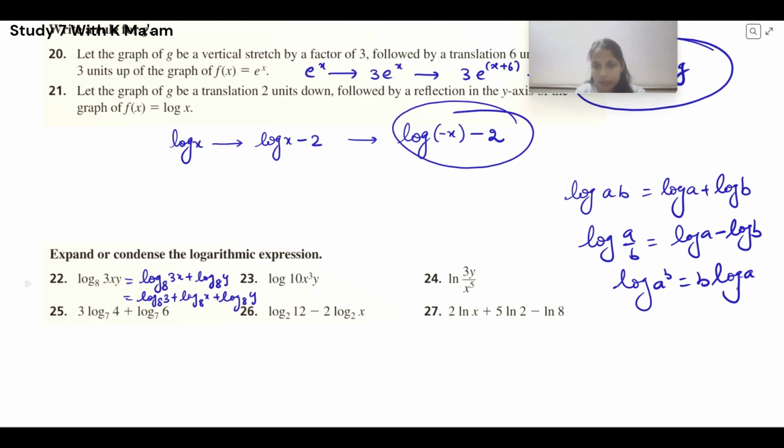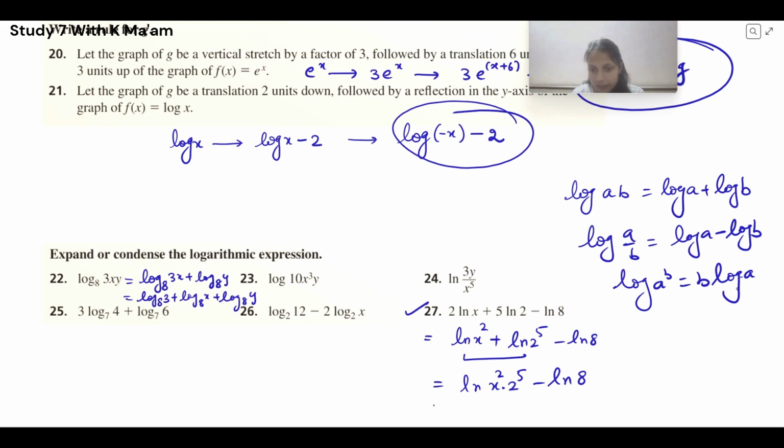Okay. Now I will do one condensing question. This 27. For condensing, make sure there is no coefficient. If you have a coefficient, shift it back. So log x power 2, ln 2 power 5 minus ln 8. If I combine the first two, it's ln of x square into 2 power 5, minus ln of 8.